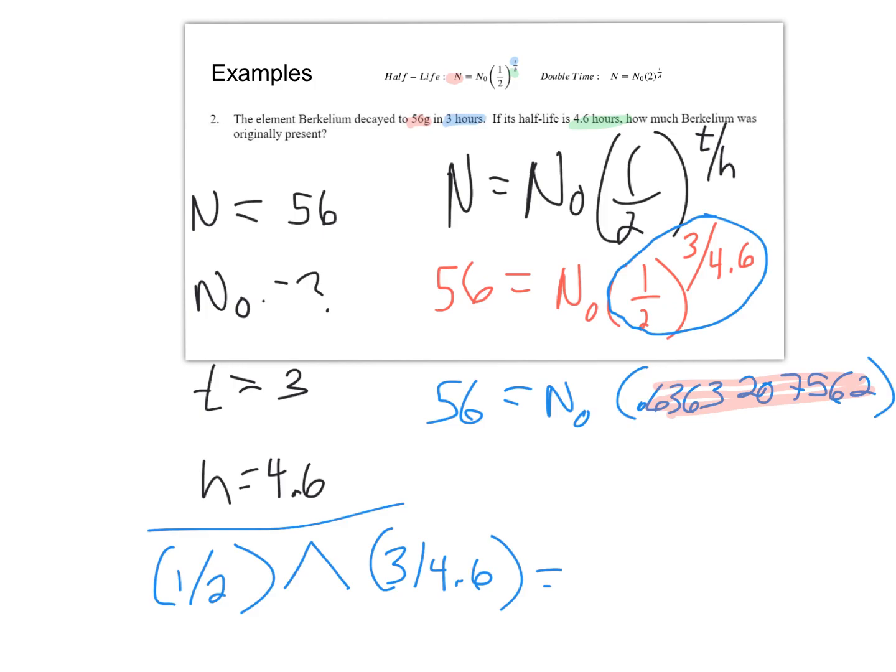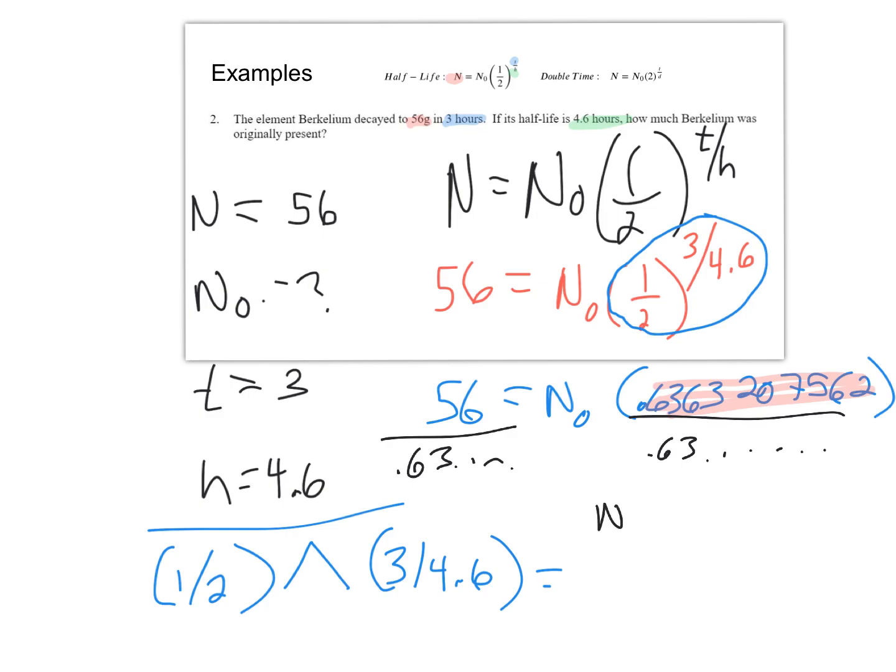Now, at this point, I'm going to keep that answer in my calculator because now I have to divide by this mess. It's a lot easier to keep it as a previous answer because you don't have to type it all over again.